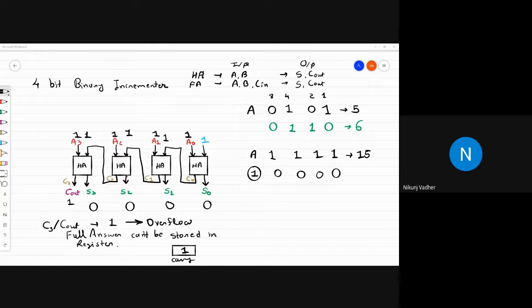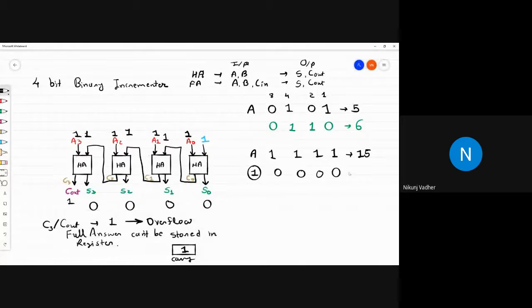No, it cannot be like that. Let's say you have a four-digit register: this is A0, this is A1, this is A2, this is A3. Say we have stored 1, 1, 1, 1 and we try to increment.